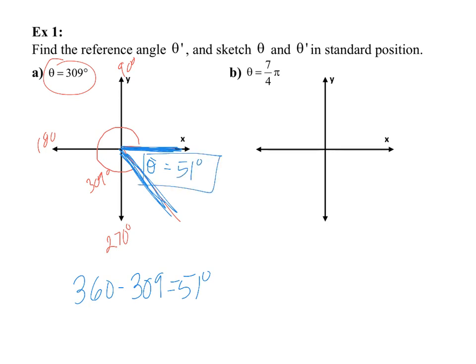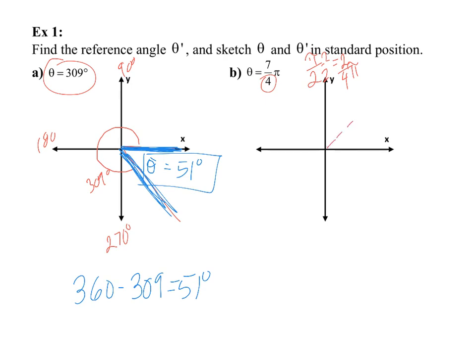So my reference angle is 51 degrees. That's what you wanted. The next problem, we're working with radians. Recall that 90 degrees is the same thing as pi over 2. I'm working with fourths in this case, so I want to work with a common unit of fourths. Multiply top and bottom by 2, I get 2 fourths pi for the 90 degree marker. If I cut that in half, I get 1/4.